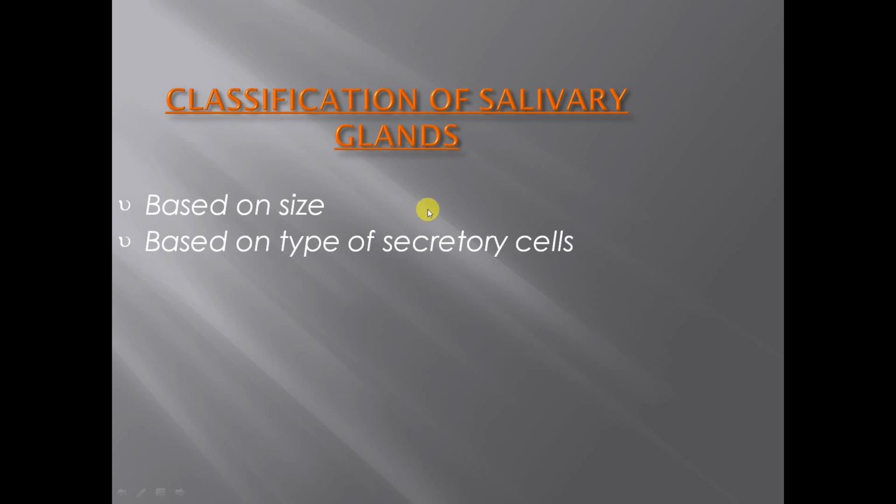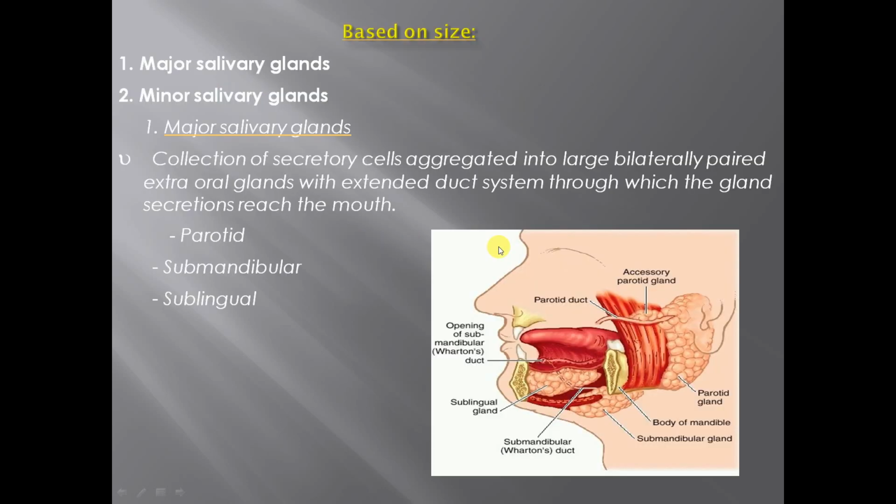The classification of the salivary glands is based on the size and on the type of secretory cell. Starting with the classification based on the size, it consists of the major salivary glands and the minor salivary glands. The major salivary glands are bilaterally paired extraoral glands with a duct system, through which the gland secretion reaches the mouth.